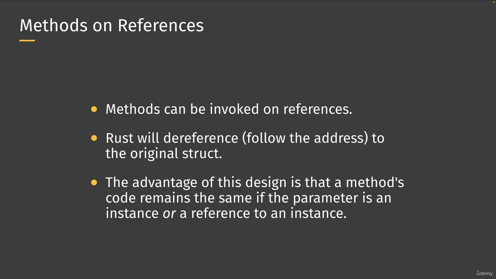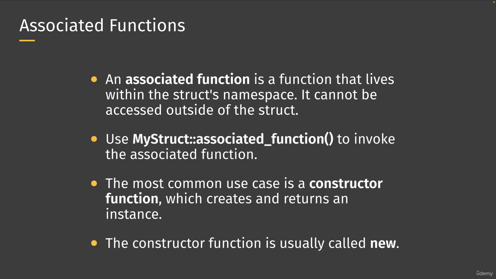So if you decide tomorrow that you want to update the type of self, the code should continue to work because it's going to be handled automatically for you by Rust, right? This is another example of how moving towards consistency between different things allows you to write similar code, which reduces complexity.